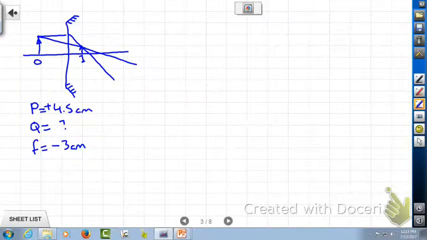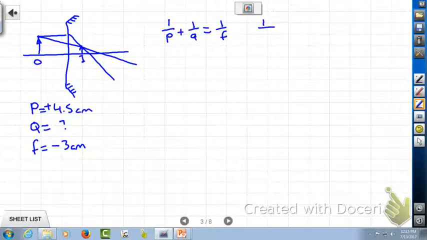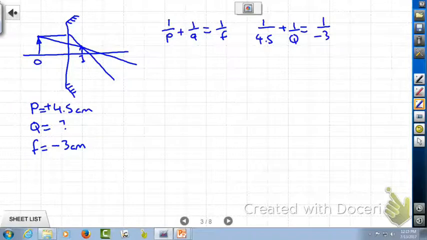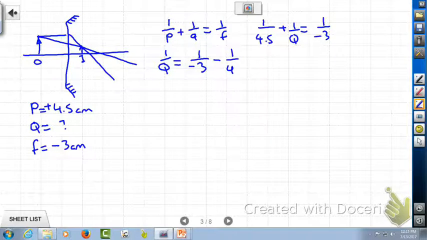And I say 1 over P plus 1 over Q equals 1 over F. So that's 1 over 4.5 plus 1 over Q equals 1 over minus 3. So 1 over Q is equal to 1 over minus 3 minus 1 over 4.5.